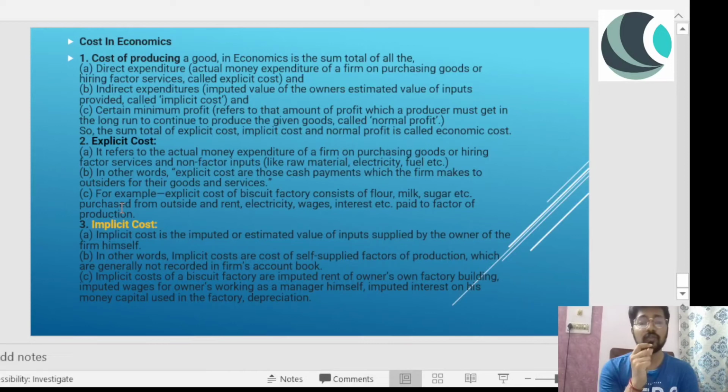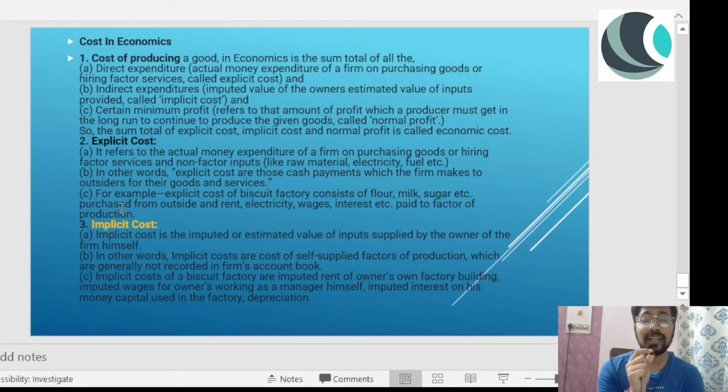I have to spend money on the electricity bill, on the fuel bill, on raw material, because I have to produce goods. I need raw materials, I need to buy machines. All of those costs will come under the category of explicit cost. In other words, explicit costs are those cash payments which the firm makes to outsiders for their goods and services.